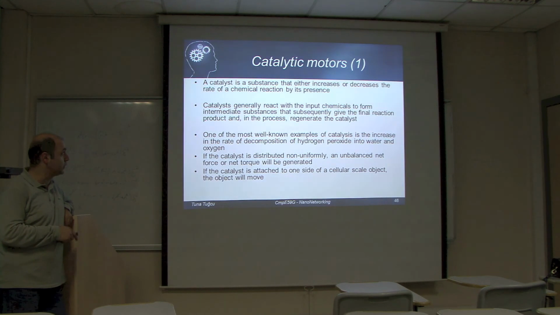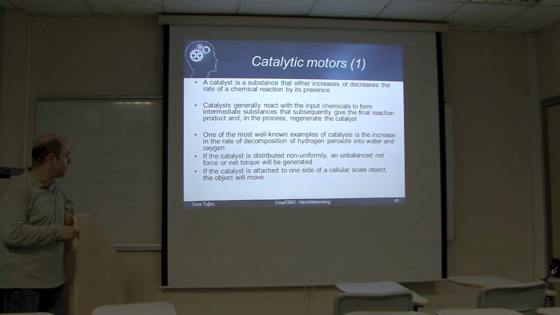One of the most well-known examples of catalysis is the increase in the rate of decomposition of hydrogen peroxide into water and oxygen. If the catalyst is distributed non-uniformly, an unbalanced force or net torque can be generated.